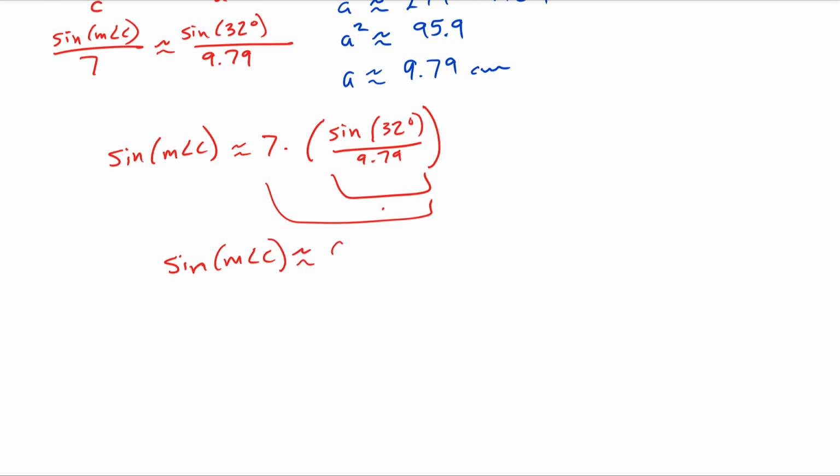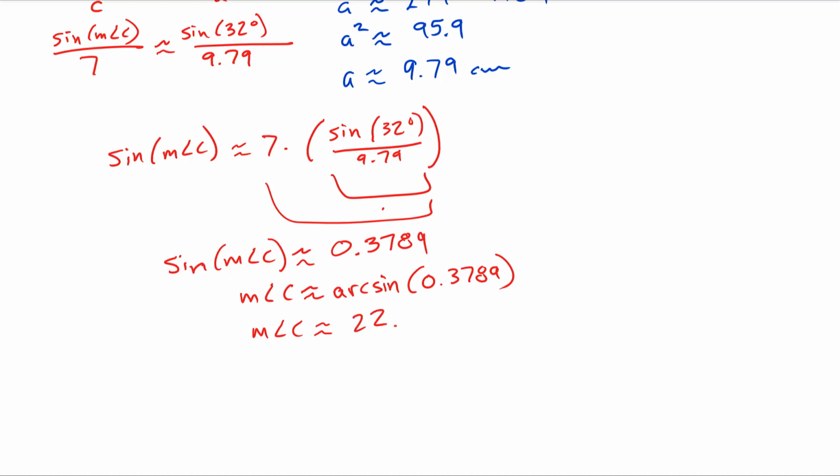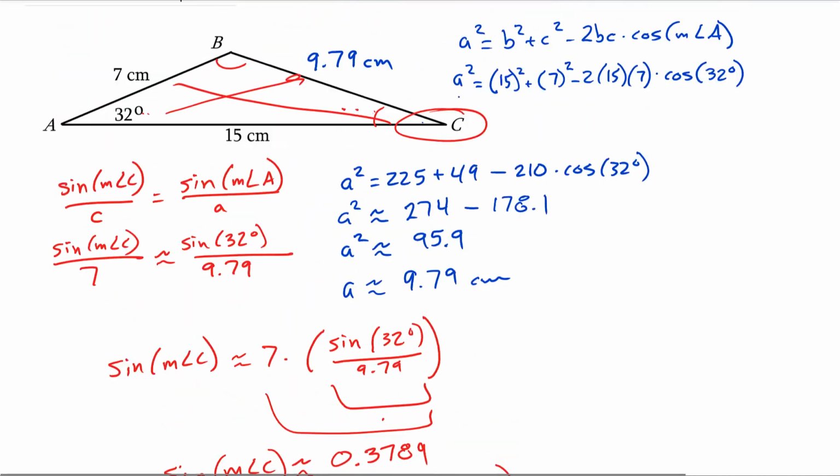I invite you to check my work here, but this should be approximately equal to 0.3789. So then the measure of angle C is the arc sine, or the inverse sine, of 0.3789. Which is approximately 22.27 degrees. So we'll go ahead and add that.